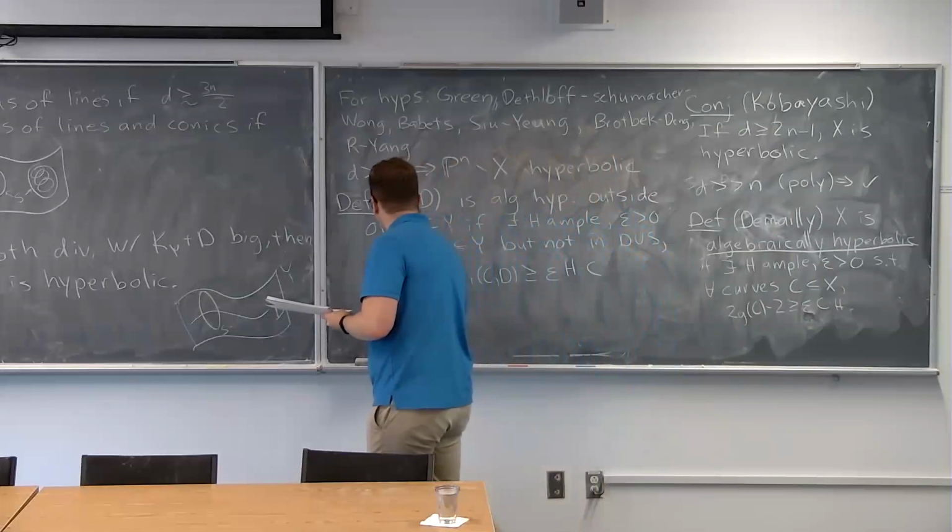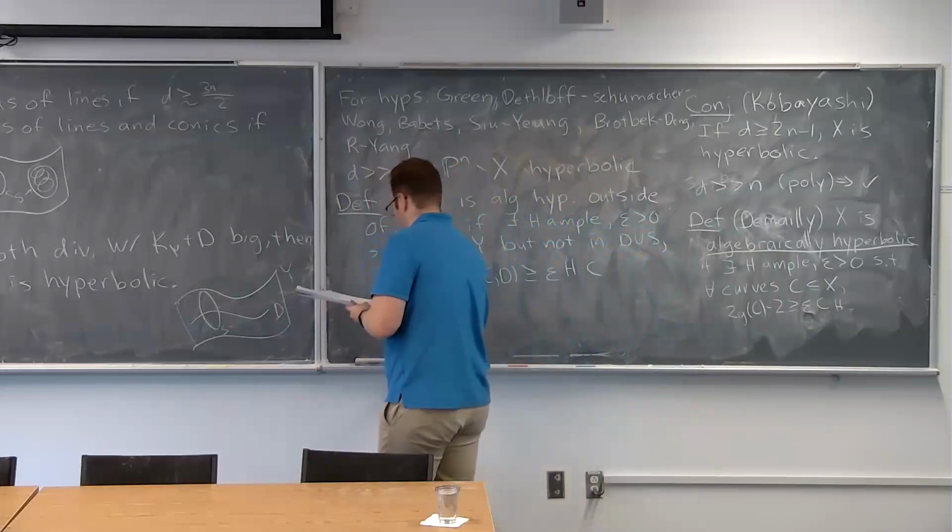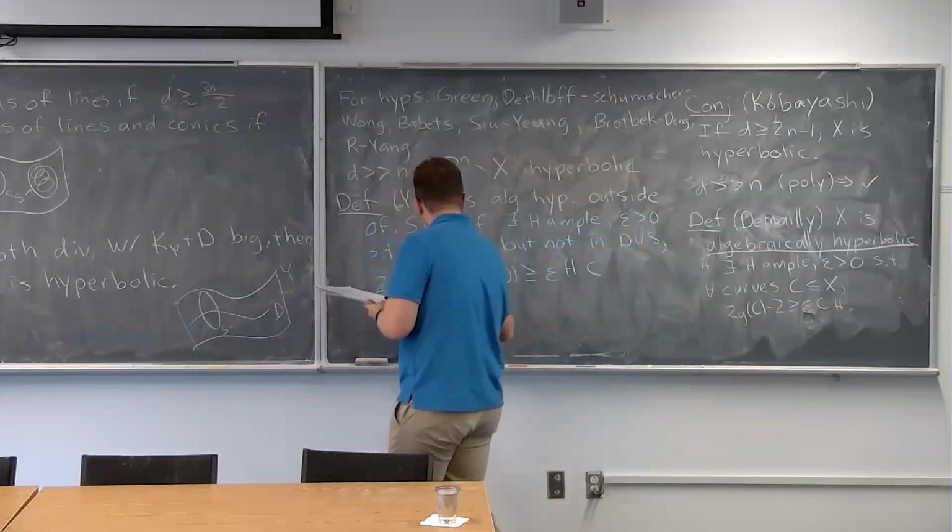This is the number of points of intersection of C and D.